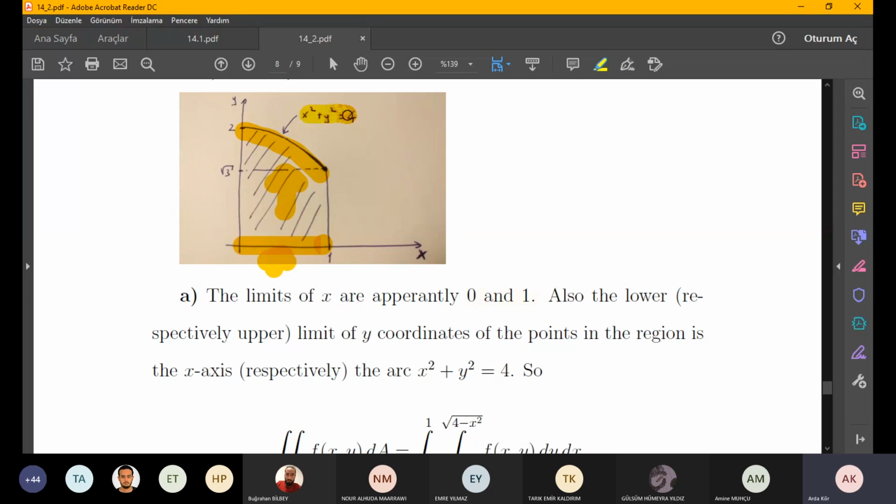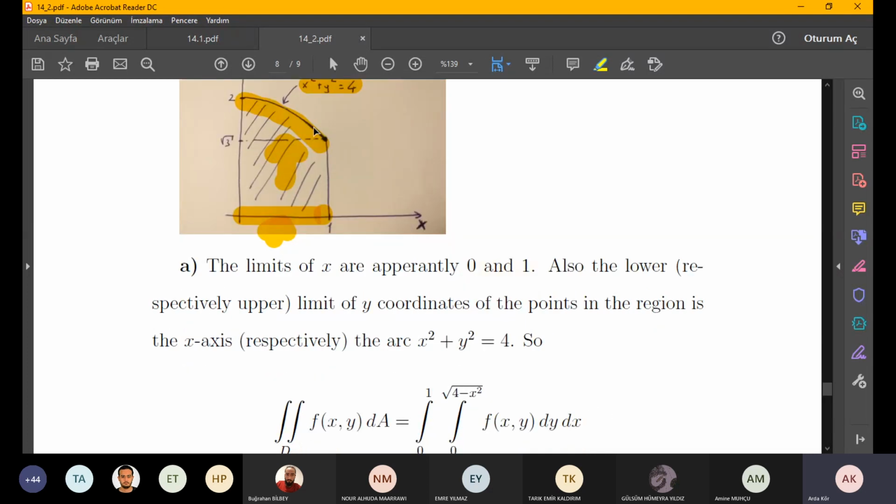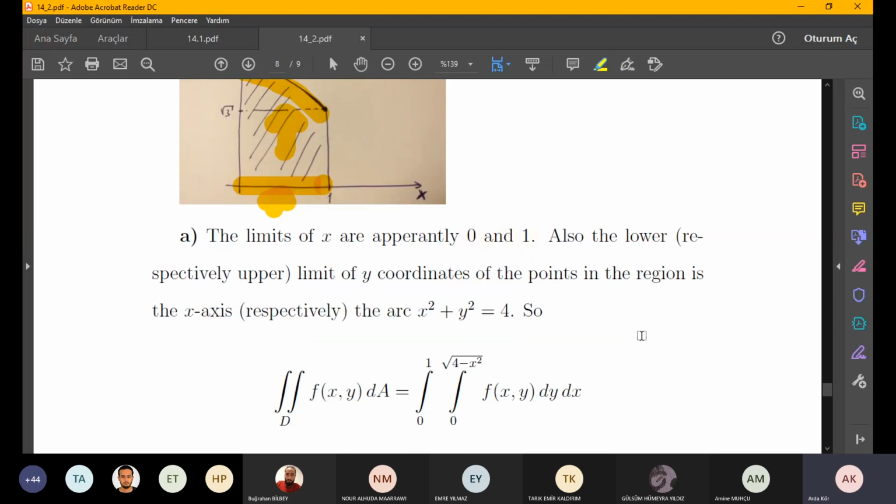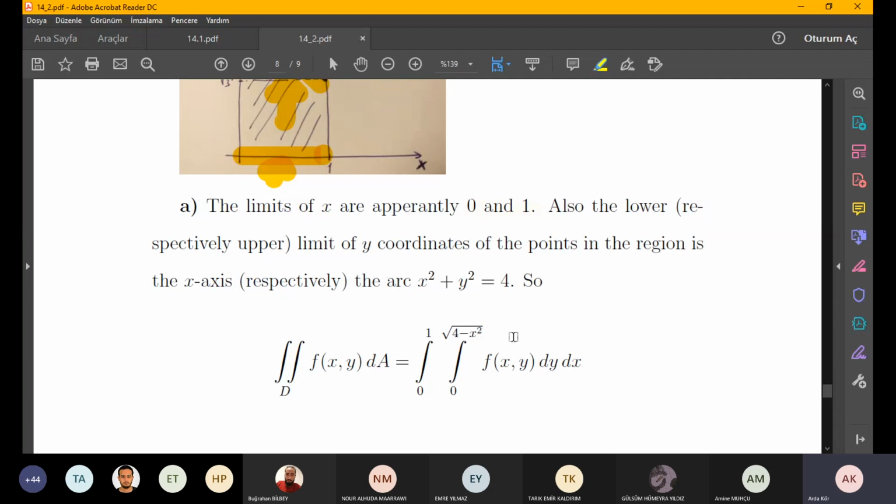But you have to write that arc as y equals square root of 4 minus x square, since you need to find the limit of integration with respect to y.